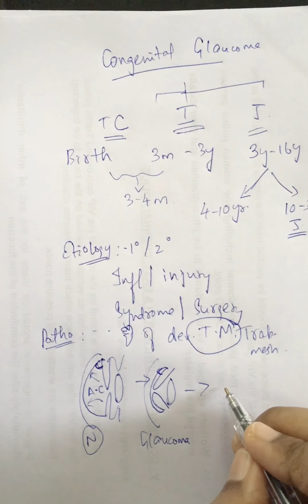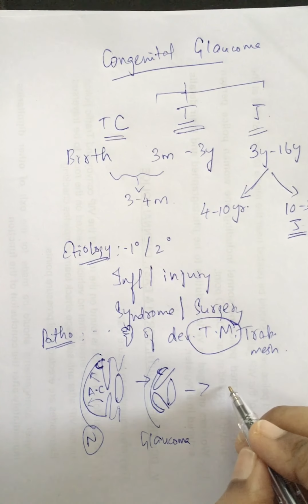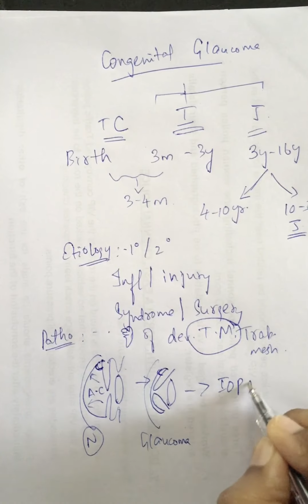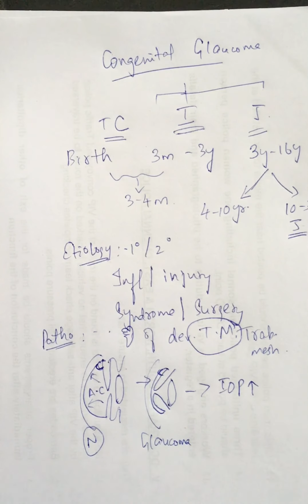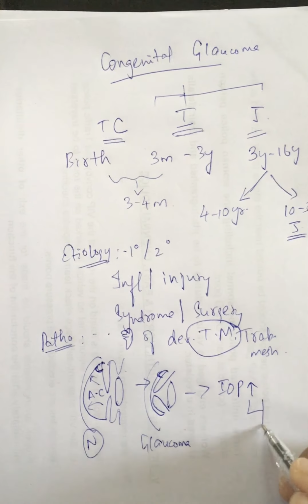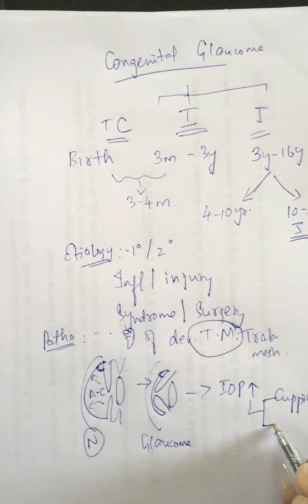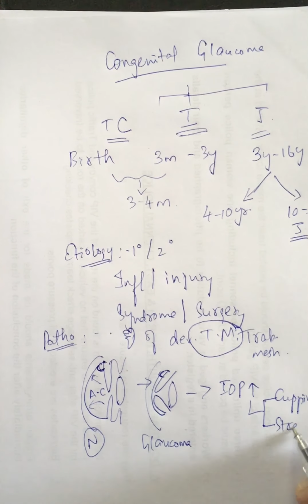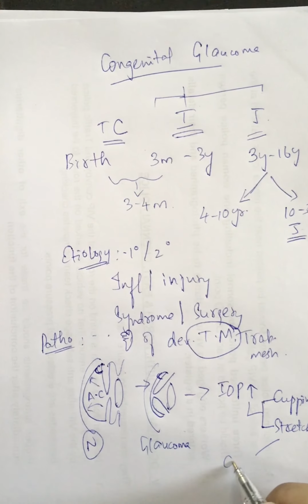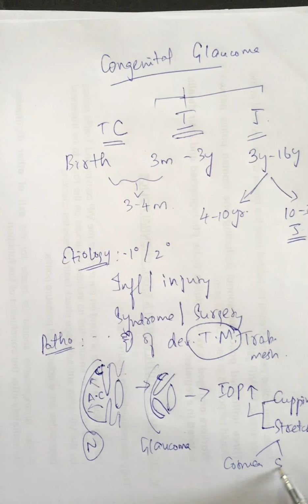Because the angle of the anterior chamber is going to be closed, the intraocular pressure is going to rise. Once IOP rises, there are going to be a lot of changes, like there could be cupping of the lamina cribrosa, or there can also be stretch. Stretch occurs in both the cornea and the sclera.